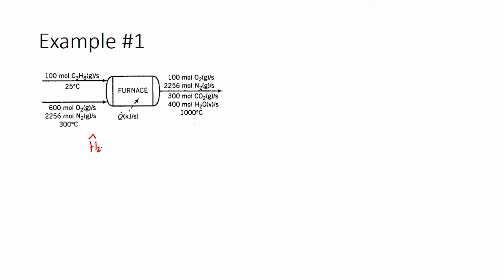What is H2 cap? It is oxygen which is in the reference state of 25 degrees Celsius being heated to the inlet condition, which is 300 degrees Celsius. So, H2 cap is basically oxygen at 25 degrees Celsius going to oxygen at 300 degrees Celsius.